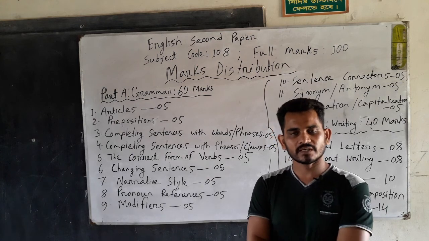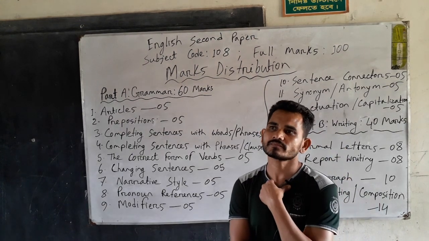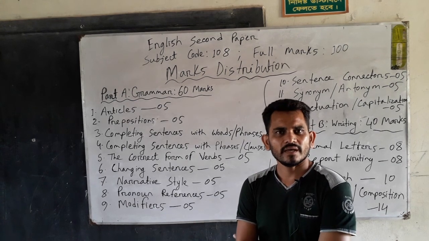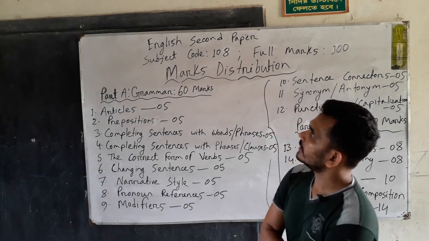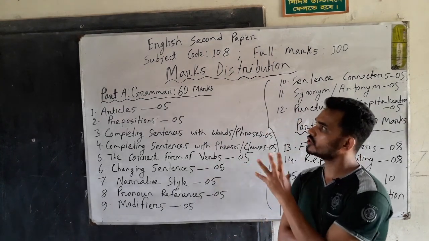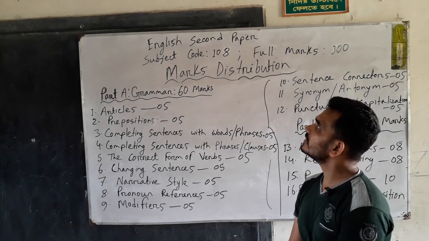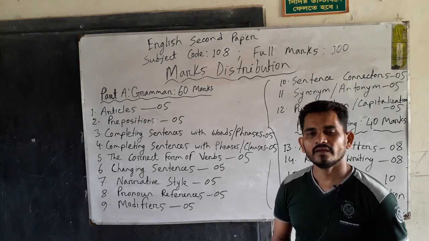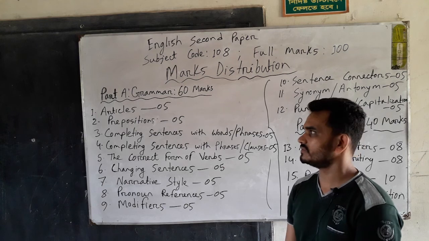In my previous class, I showed you the marks distribution of the English first paper HSC exam. In this class, I will show you the marks distribution of the English second paper in the HSC final examination.